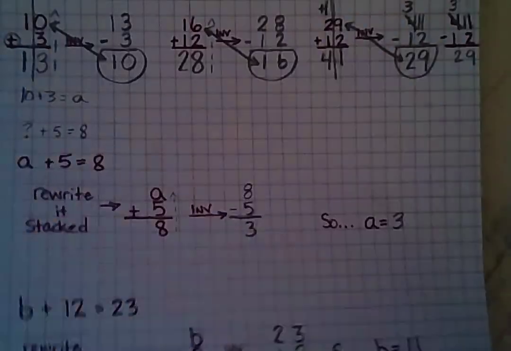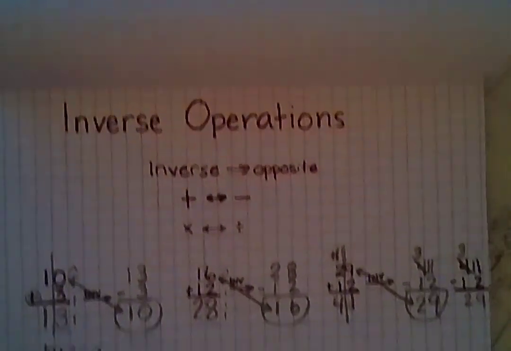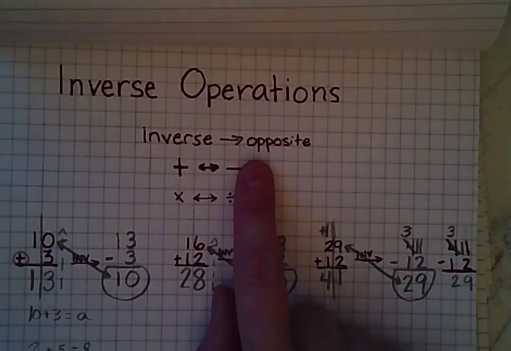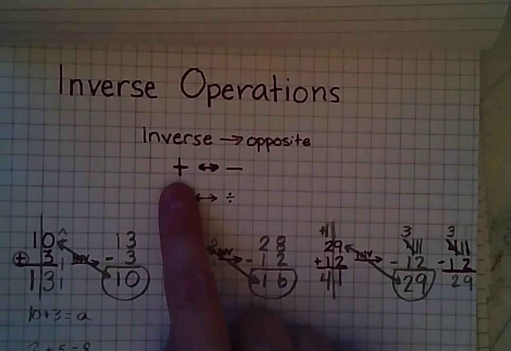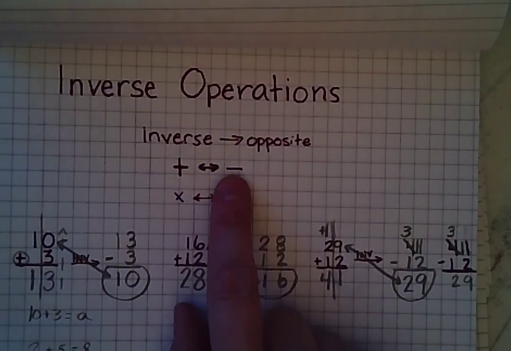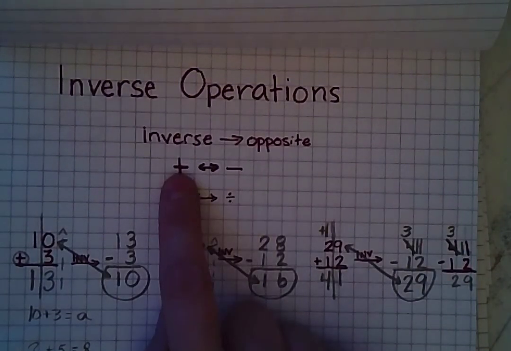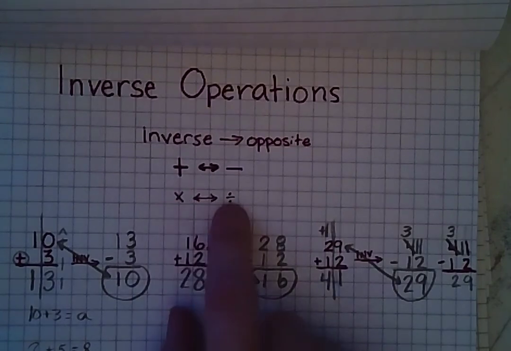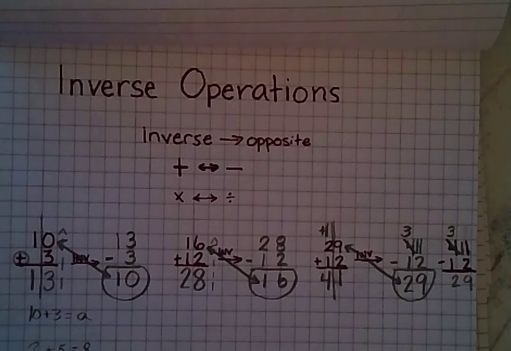Have fun with your task today. Remember, inverse operations just mean the opposite. The inverse of addition is subtraction, and the inverse of subtraction is addition. The inverse of multiplication is division, and the inverse of division is multiplication. Work hard, take your time, be neat in your writing, and enjoy your math.